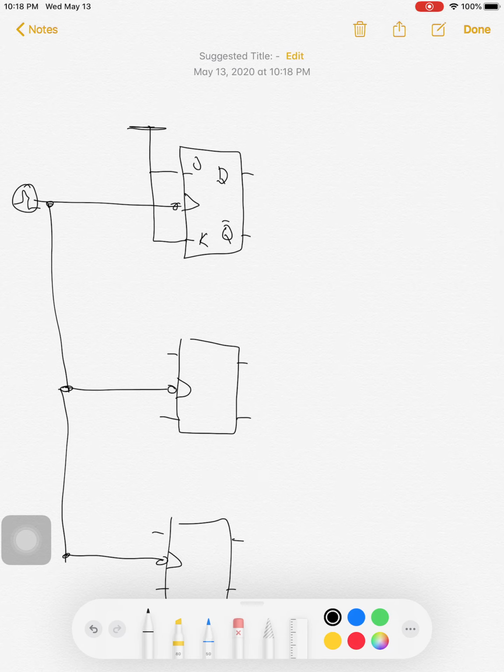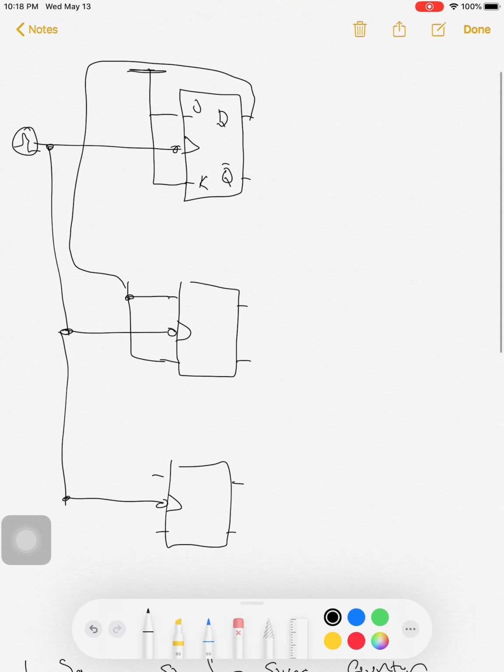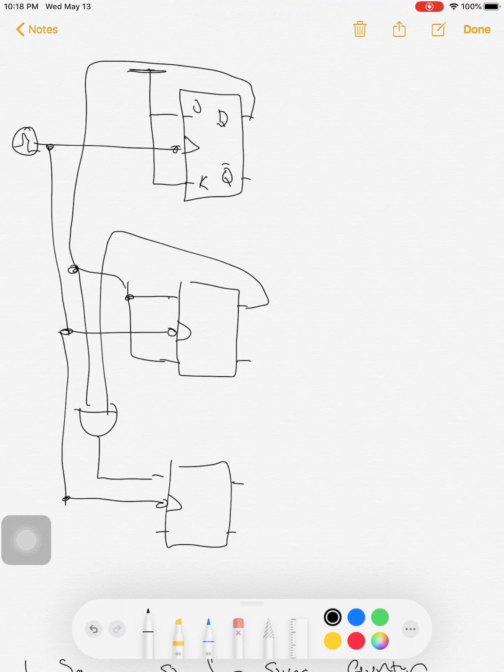And all of the JKs on these subsequent ones are tied to the Qs from the previous chips. So my second one here is the Q from the first chip, and my last one is going to be the Qs from both of them ANDed together. All right, so there's our basic counter.